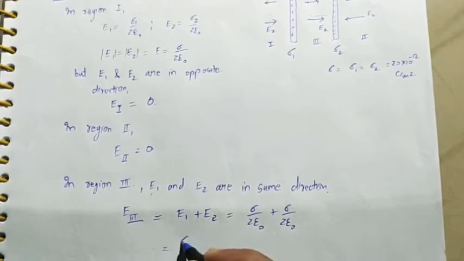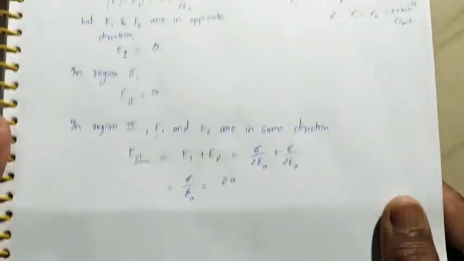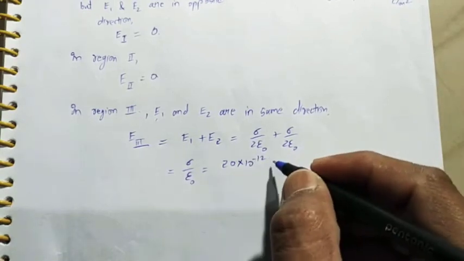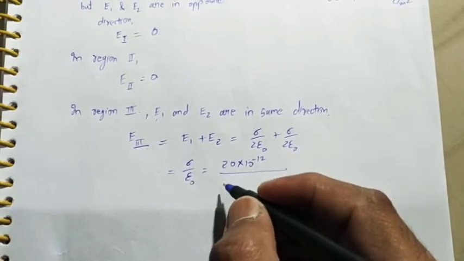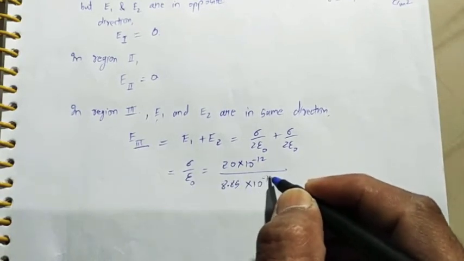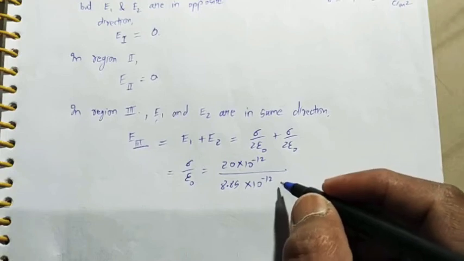So it is sigma upon epsilon naught. Sigma is 20 into 10 to the power minus 12 coulomb per meter square, and it is divided by epsilon naught, 8.85 into 10 to the power minus 12 coulomb square per Newton meter square.